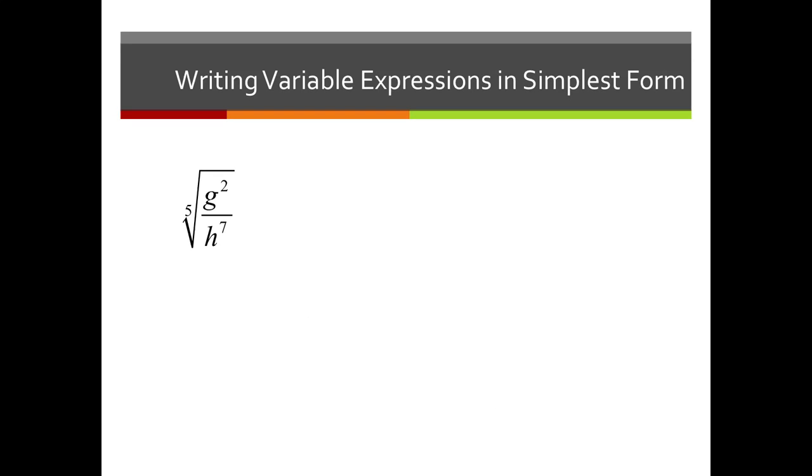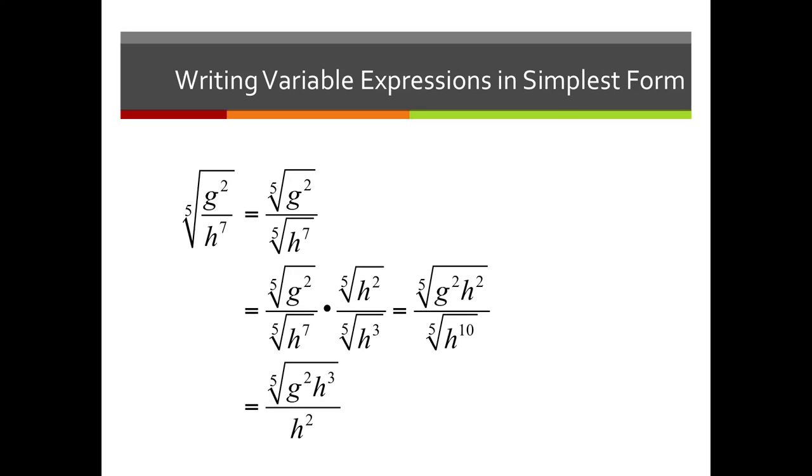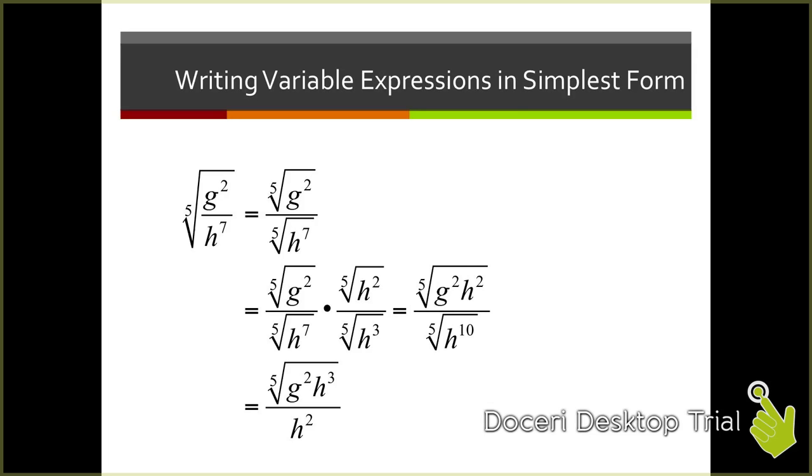All right, what if we need to take the fifth root of g squared over h to the 7th? Well, again, our goal is to try to get a denominator that has enough factors that I can take the fifth root of it. Okay, so if I take the fifth root of the top and bottom separately, then you can see here I end up with the fifth root of h to the 7th power.